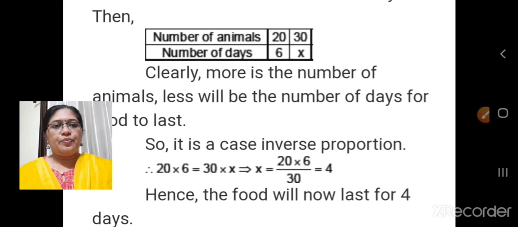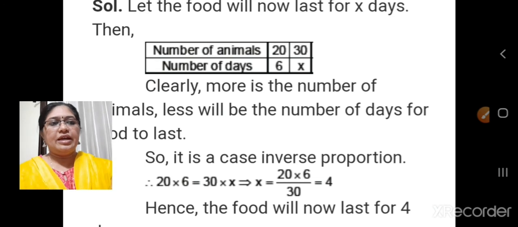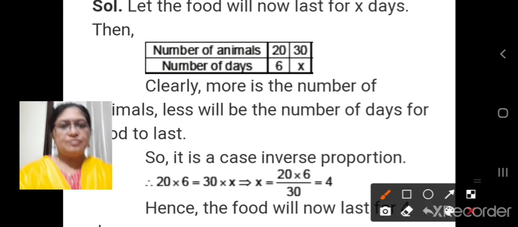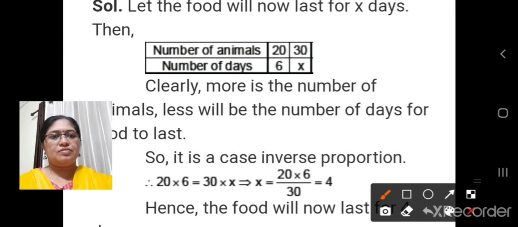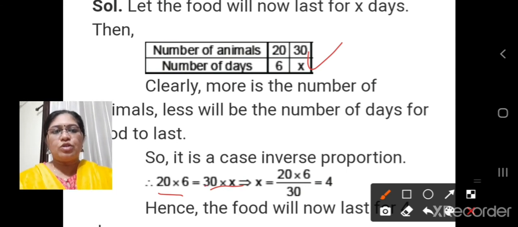Right? So 20 into 6 you are doing, that is equal to 30 into x here. Okay, now you are going to find the value of x. So what you will do? 30 you will bring it to the denominator.